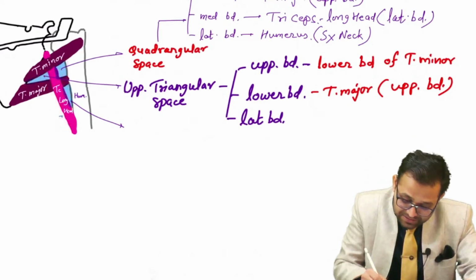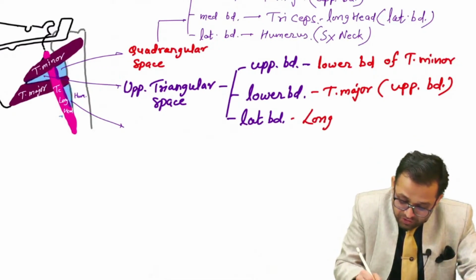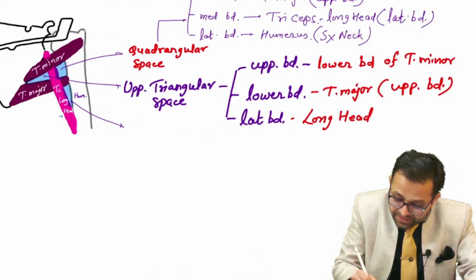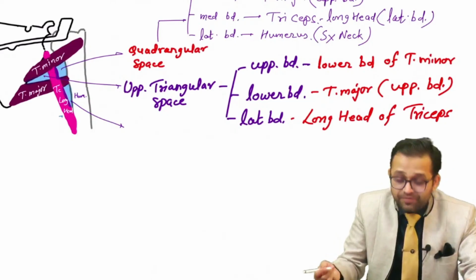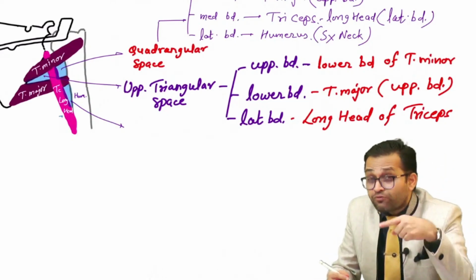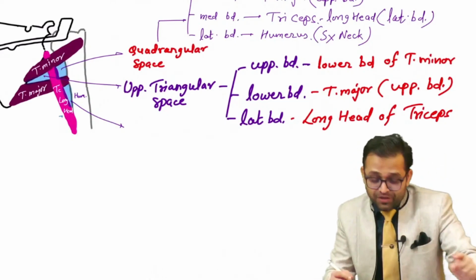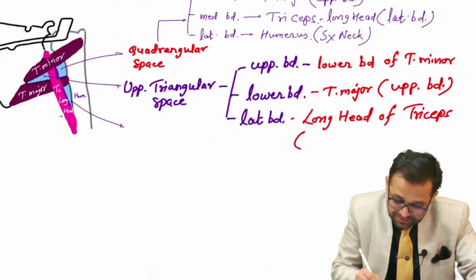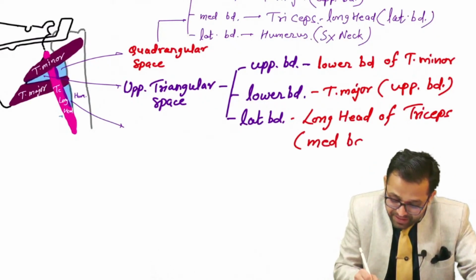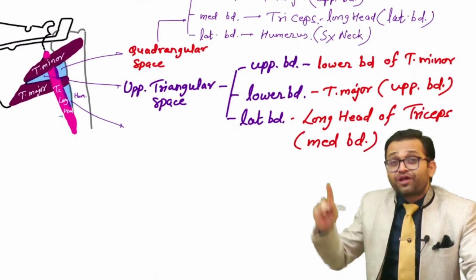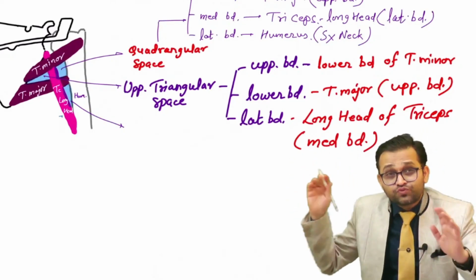So what will you say? Sir, the lateral boundary is formed by definitely the long head of triceps. Whoever writes this gets the marks. But if you have to get extra, you have to do extra. So you have to write that this is formed by the medial border of the long head of the triceps. So many MCQs we covered here.